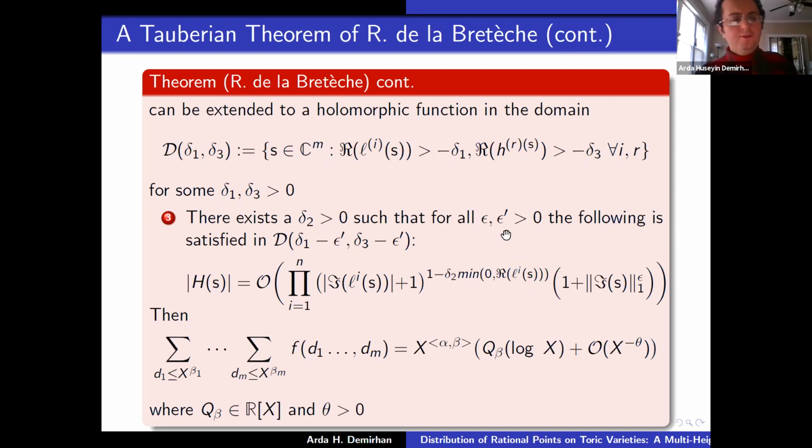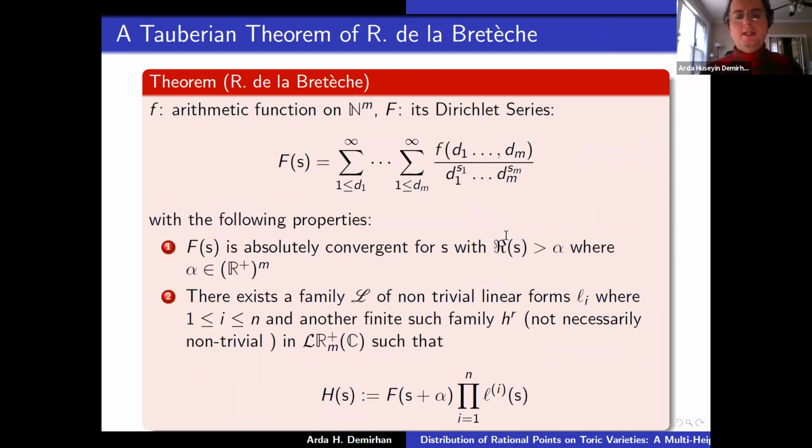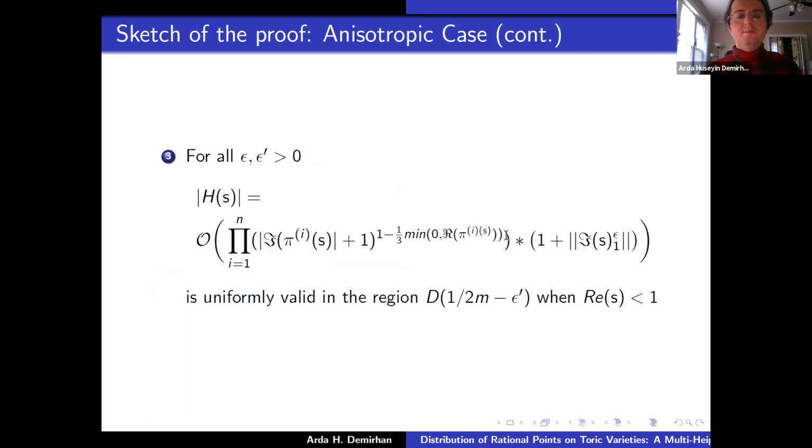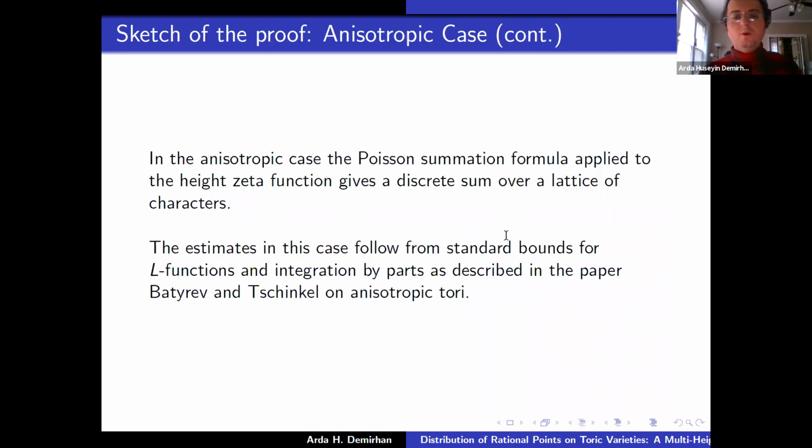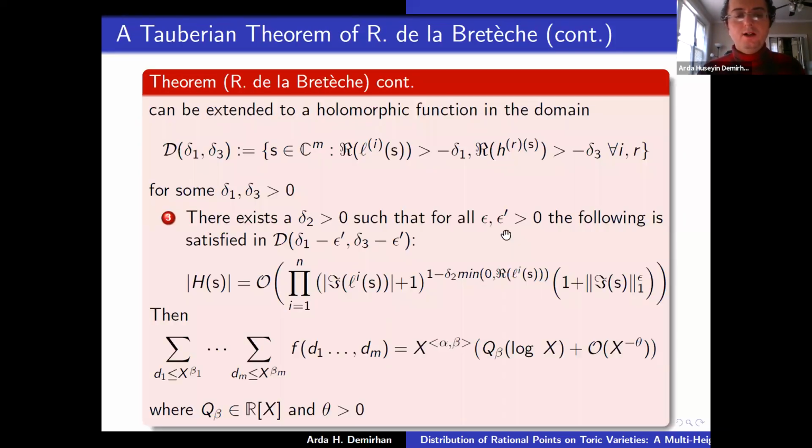I'd like to point out a few things. Here we had alpha; in our argument, remember, it was 1. I didn't put that detail here, but Q beta is a polynomial whose degree depends on n, the number of trivial terms of alpha, let's call it r, and also the rank of the Li's.